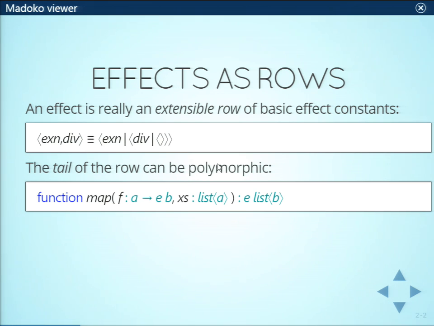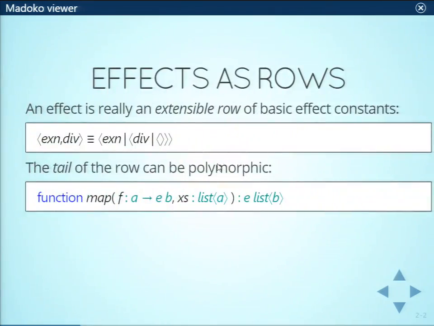It says, I take some function from A to B with some side effect E, and given a list of A's, I'll return you a list of B's. But when I did that, I may have caused myself effects, namely E, because map will actually invoke the function that's passed to it. It works out really well, all because it's using row polymorphism.